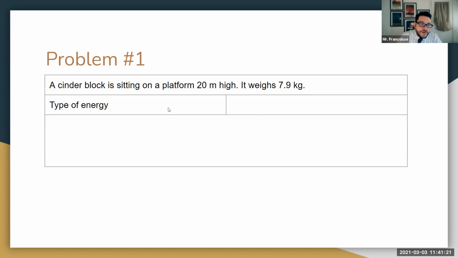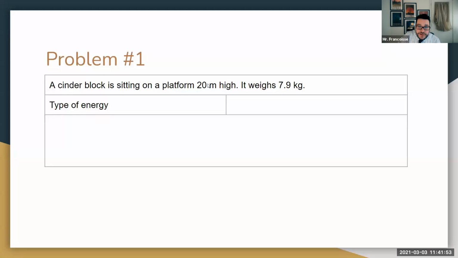So we know that there's energy stored just because it's so high up. So that type of energy is going to be our potential energy. We know that because it's 20 meters off the ground. So that's kind of our key, our clue.